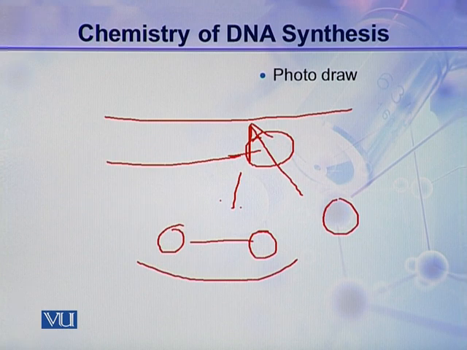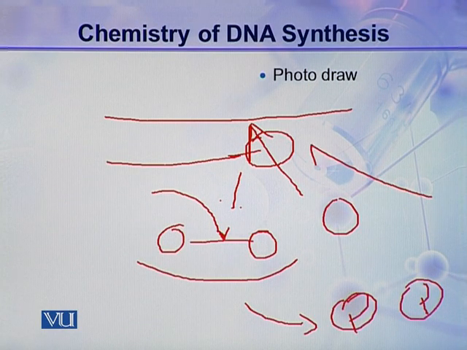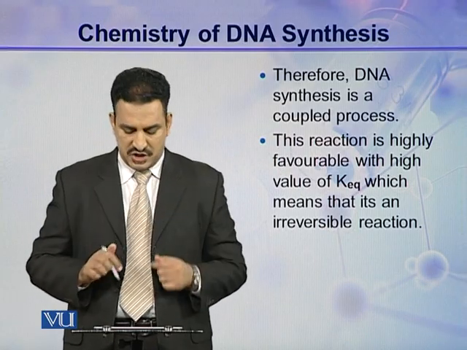It is released, and in the presence of the enzyme pyrophosphatase, this high energy bond is broken, and two phosphate groups are released. So you can see in this diagram that whenever a new nucleotide is added, two phosphates are also released. This is the net reaction at the 3' side of the primer template junction.